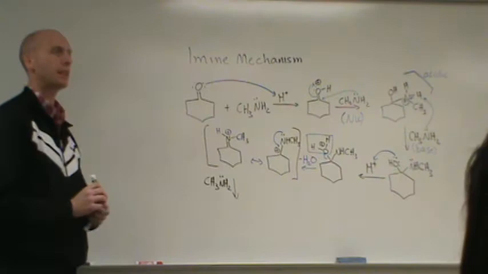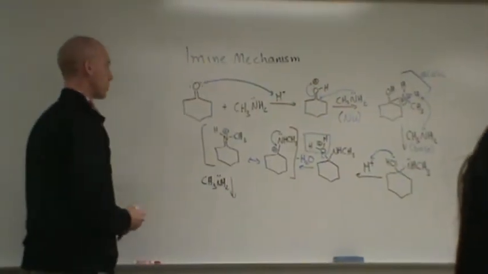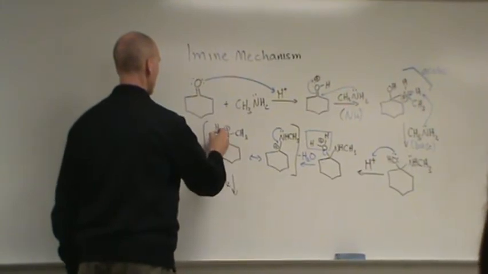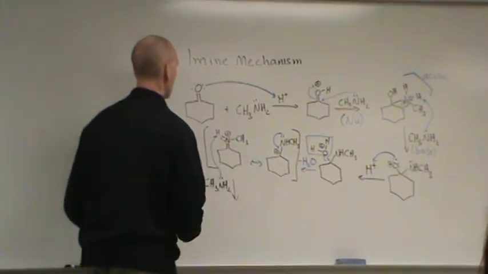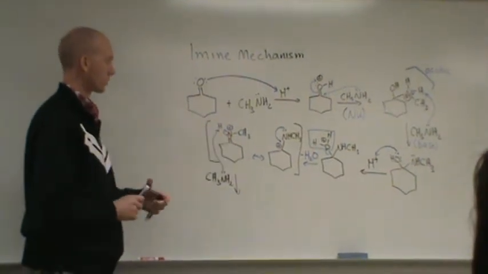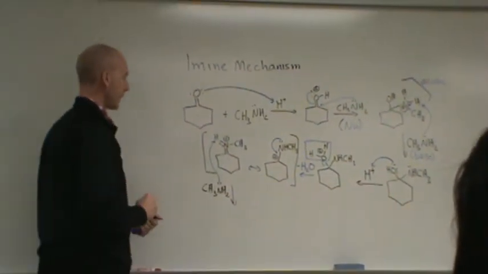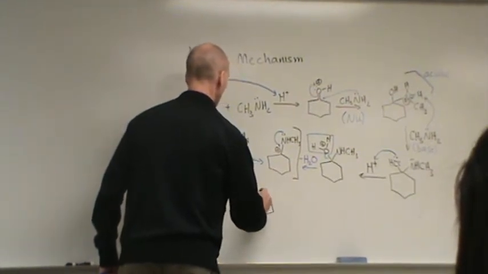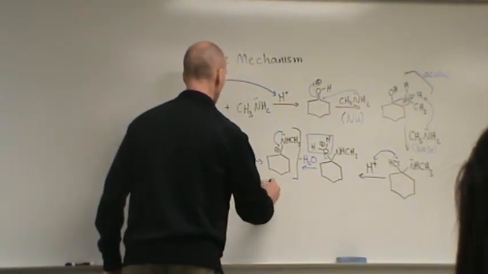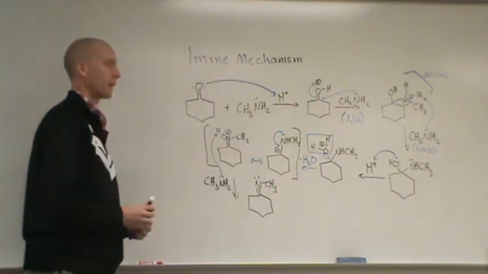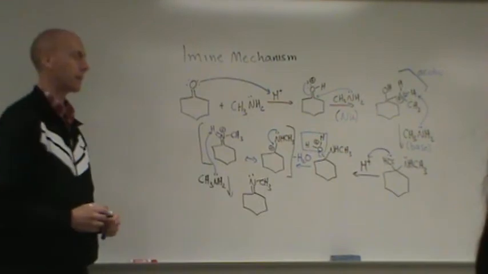Bring in our amine, and act as the base. So it takes it, and it's going to take these electrons to dump on the nitrogen. And so we get our amine.